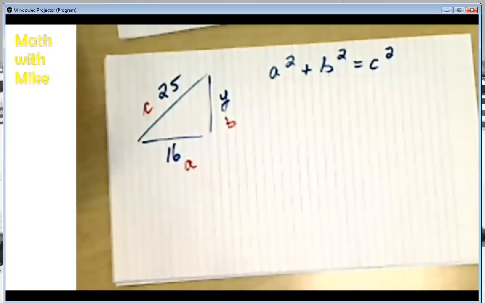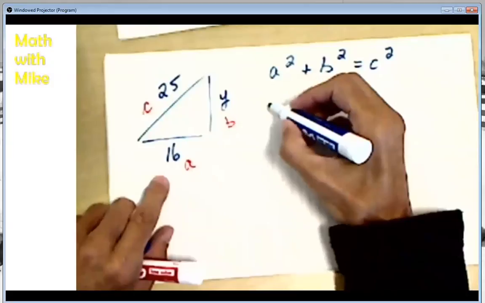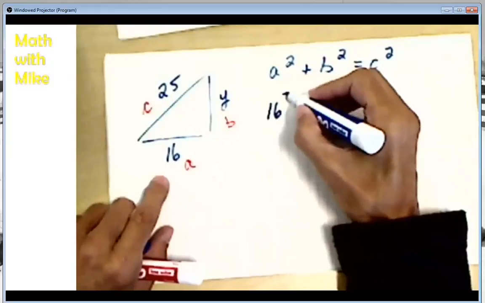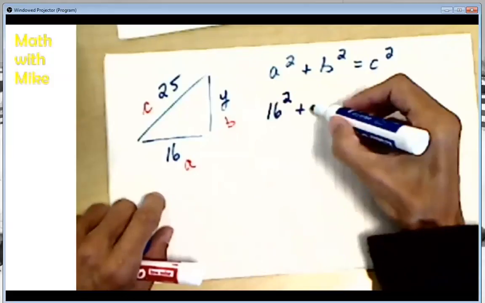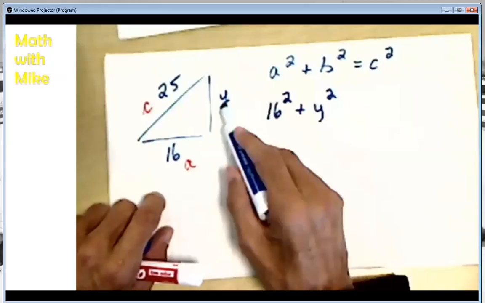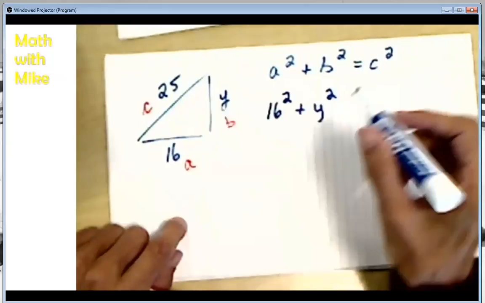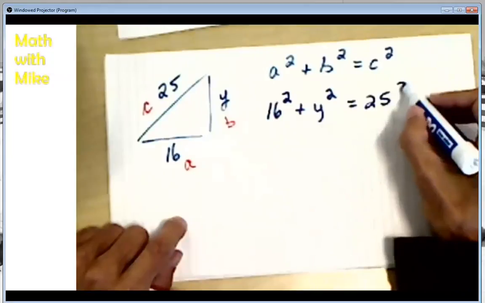So A is the same thing as 16, so we can put that in there. Plus B squared is what we're looking for, so plus y squared, that was the side. And that equals 25 squared.